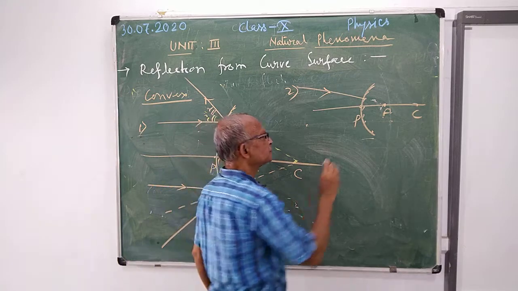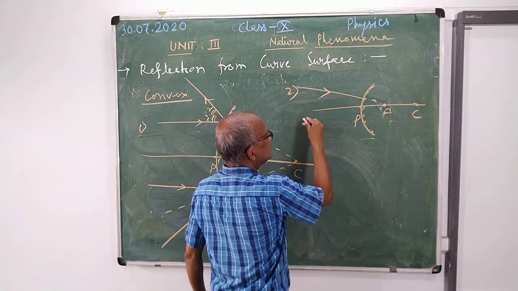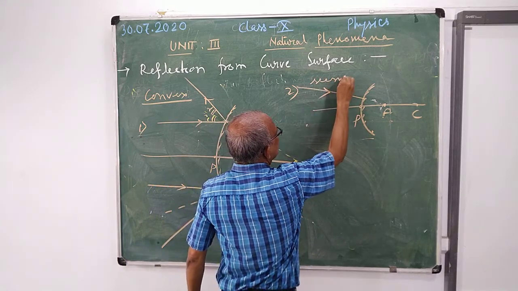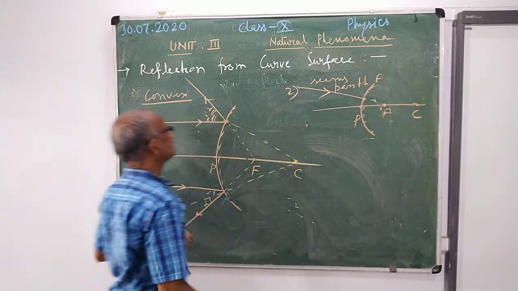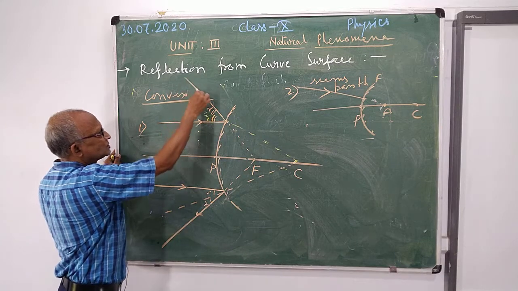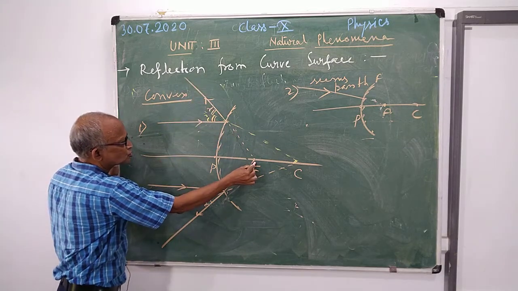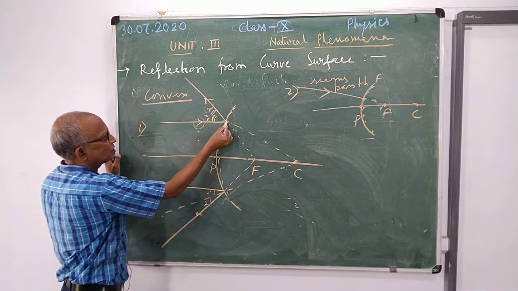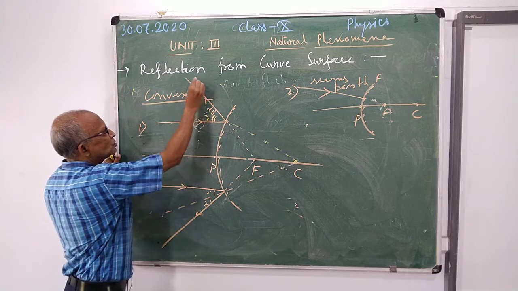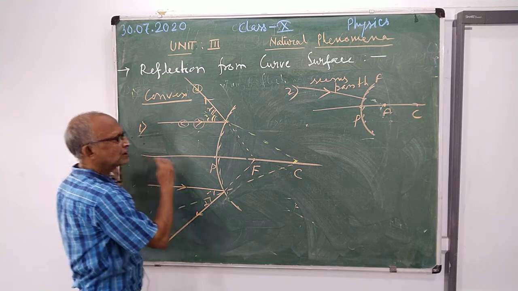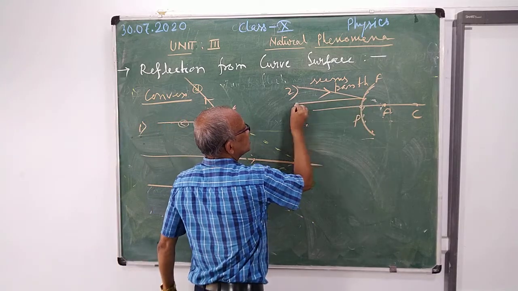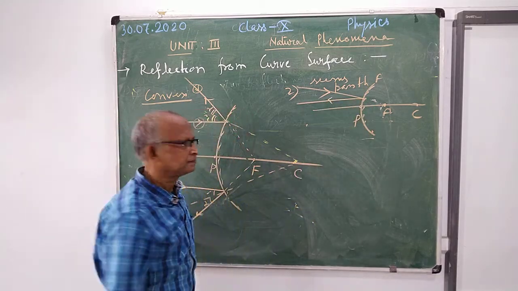It is, the incident ray seems to pass through F. Reverse the arrow sign. The incident ray seems to pass through focus. The reflected ray, reverse the arrow, it will be this. Okay? Then this will be the reflected ray.